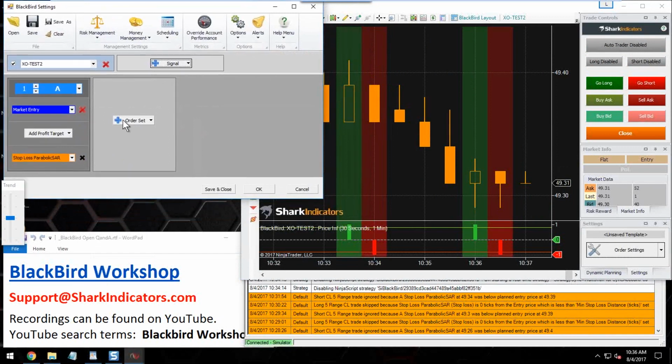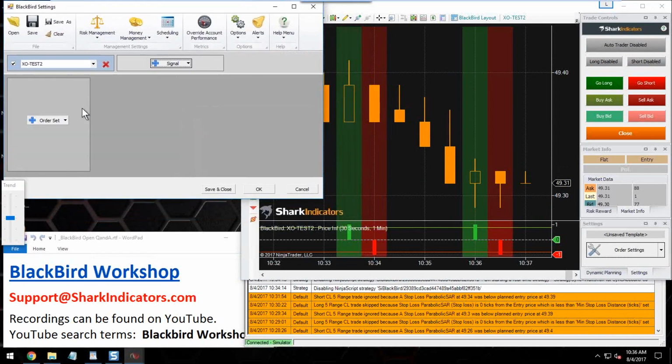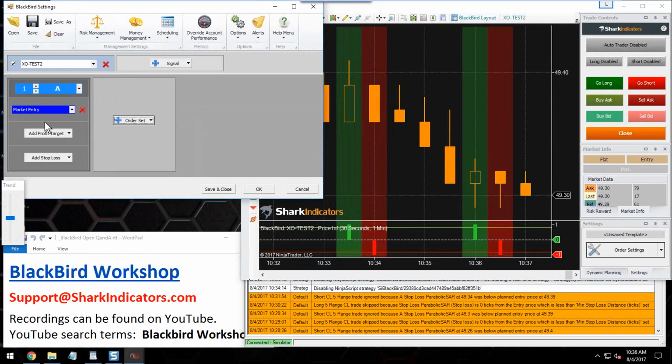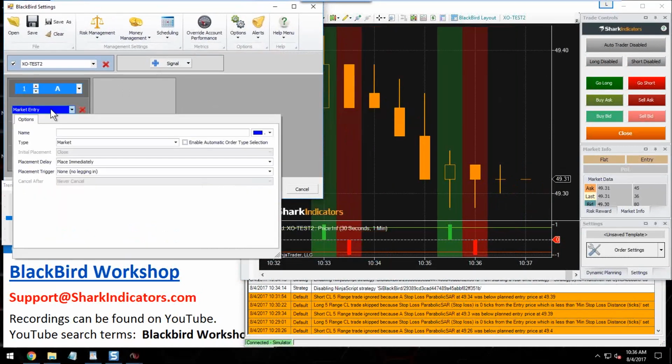All right, so now we have BlackBird up here. What's wanted is to use a market order on this, so we're going to use a market order. What will accomplish waiting for crossing the open of the previous bar is our placement trigger here.